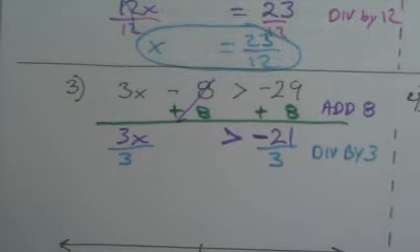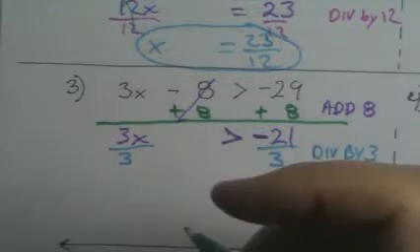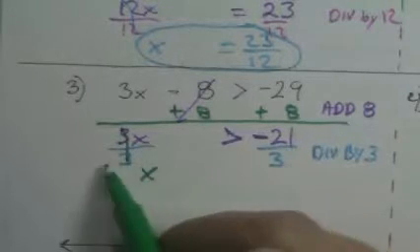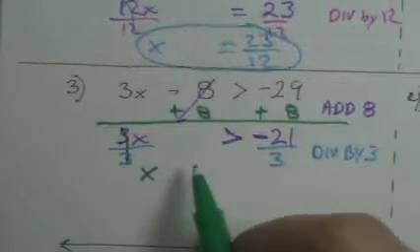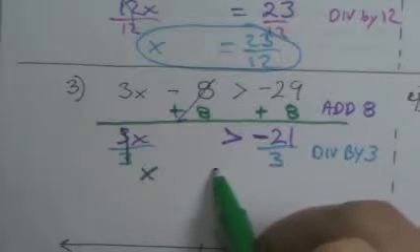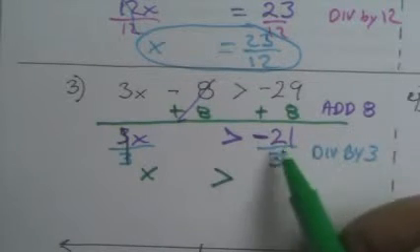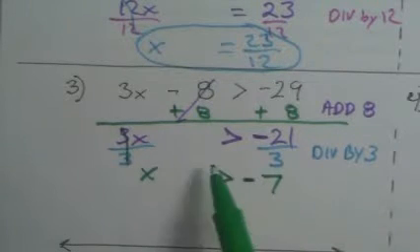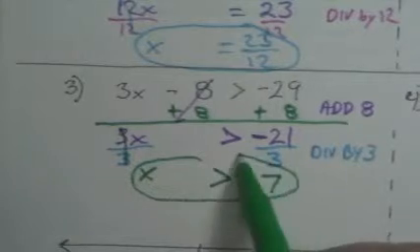And if I do that, I end up with x. Now, I didn't divide by negative on both sides or multiply by negative. Okay, I didn't do that to both sides. So my arrow is going to stay the same. And 3 goes into 21 7 times, and there's 1 negative. So there's the answer right there.